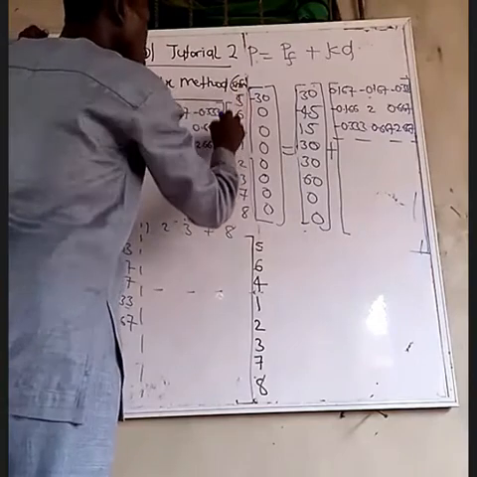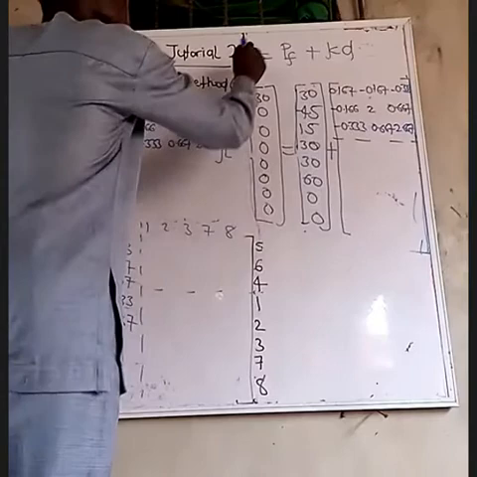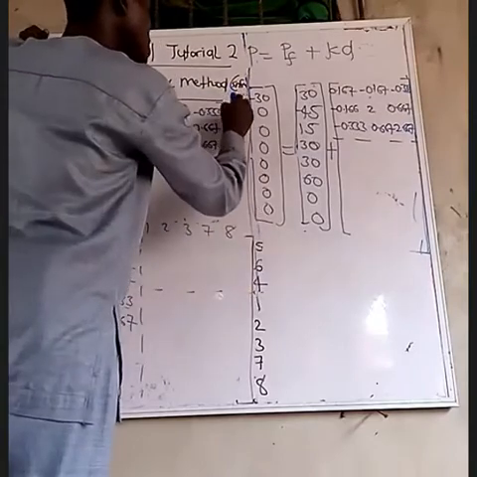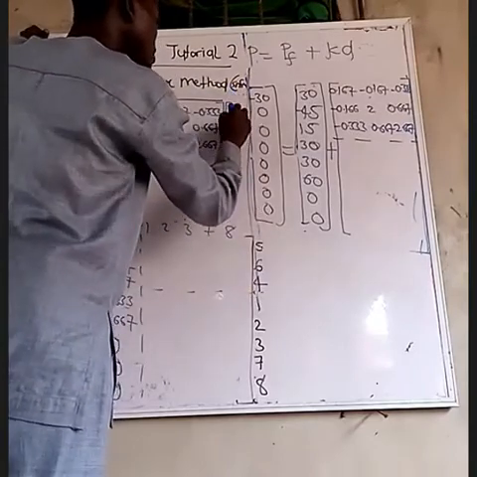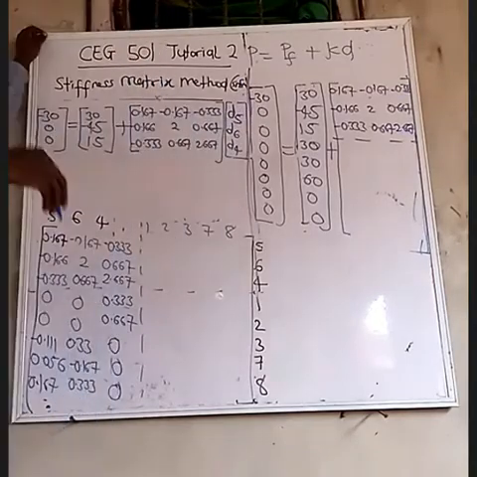So let me clean this so that there'll be space. Please be careful now. D5, D6, D4. Do you understand?